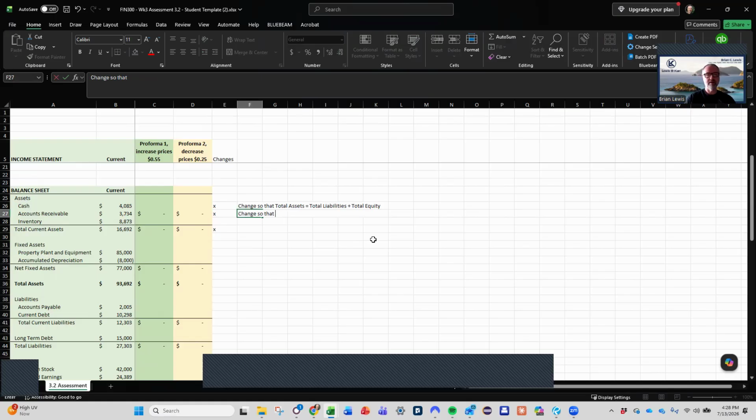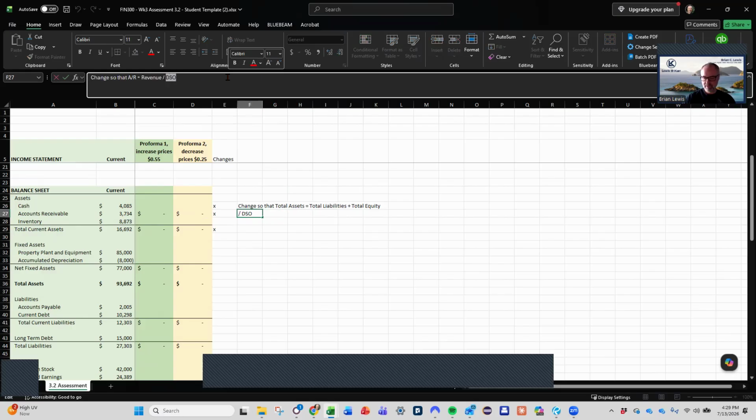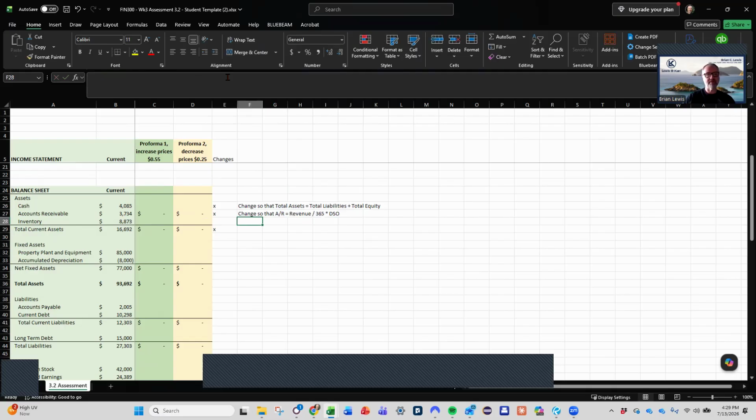AR equals DSO, days sales outstanding, that number 8.8, times, no, it's revenue divided by 365 times DSO. That's the formula. So that's one way of looking at it.